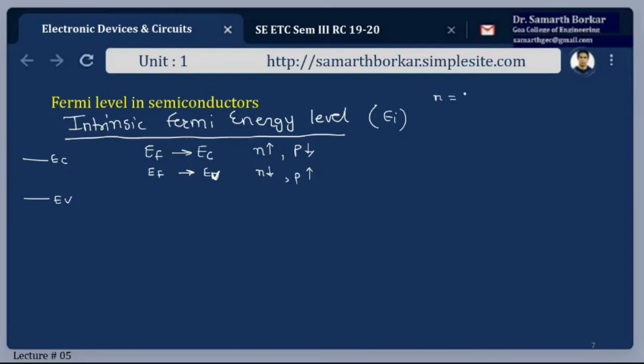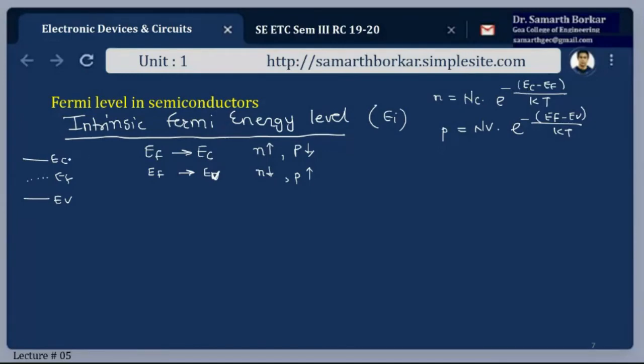N equals NC e raised to minus of (EC minus EF) by KT, and P equals NV e raised to minus of (EF minus EV) by KT. Now, there's always a confusion about which term should be first, EC or EF, EF or EV. Whichever term is at a higher energy level, you write it first.